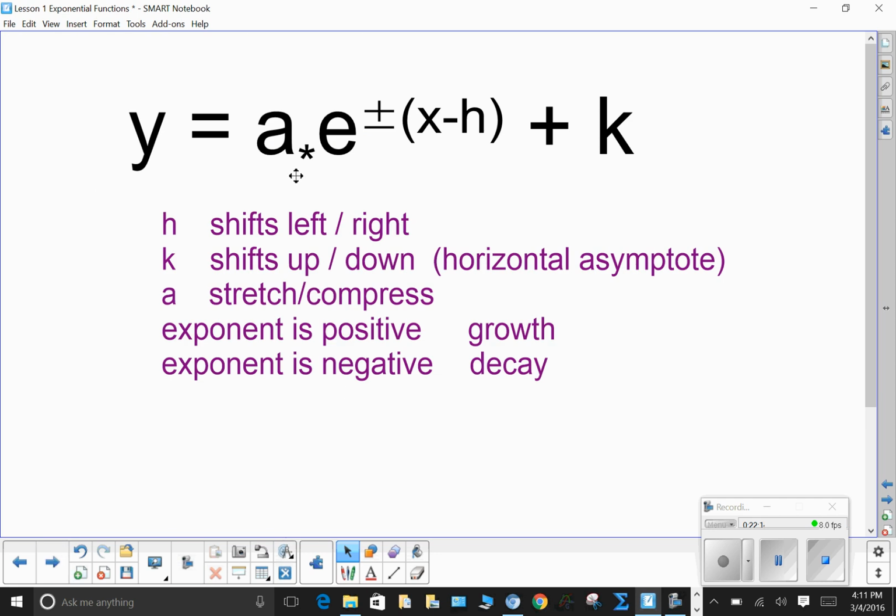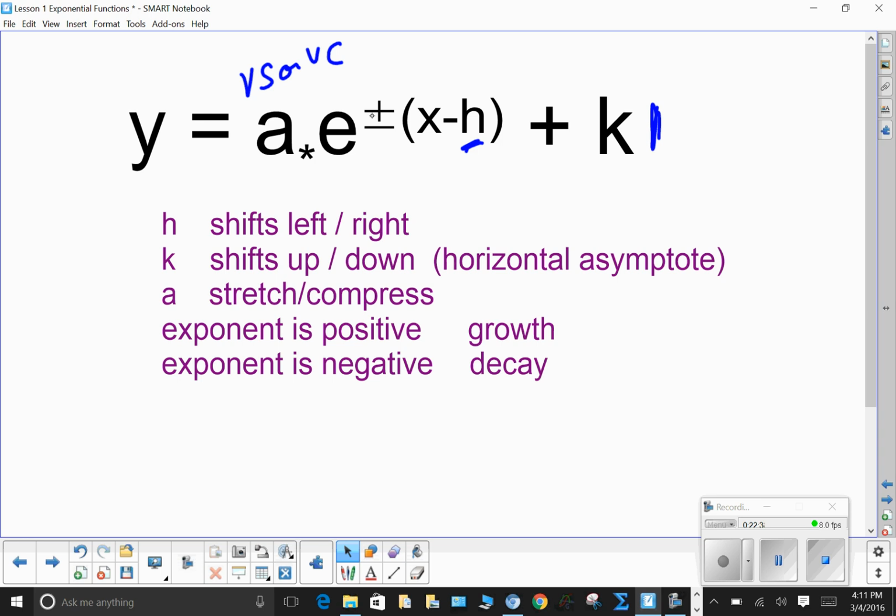Okay, remember you have y equals a times e raised to the plus or minus x minus h plus k. H shifts us left, right. H is our left, right. K is our up, down. A is our vertical stretch or vertical compress.